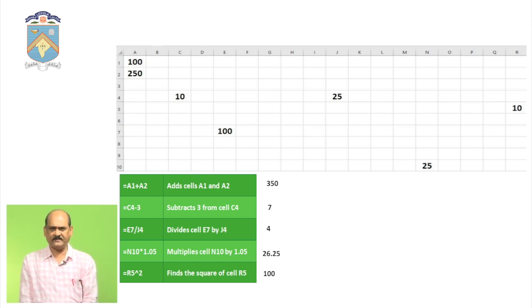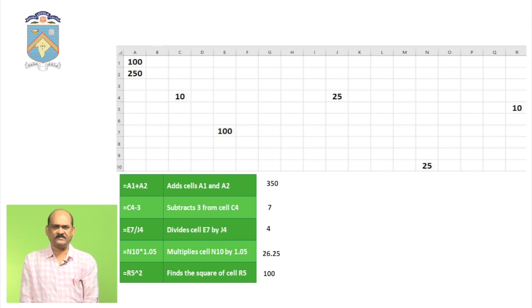Then another formula equal to N10, this time a multiplication with an asterisk and a constant like 1.05, and the multiplication takes place and the result will be 26.25.